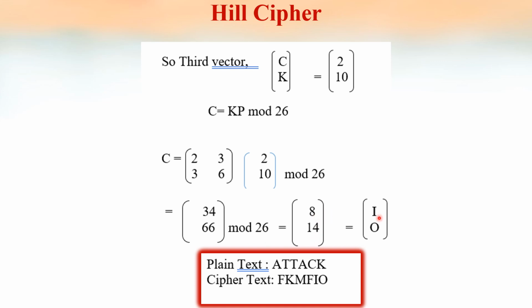For 8, the corresponding letter is I, and for 14 it is O. So instead of CK, we now have IO. So for the plain text attack, AT is FK, TA is MF, CK is IO. This plain text is converted to the ciphertext FK, MF, IO.